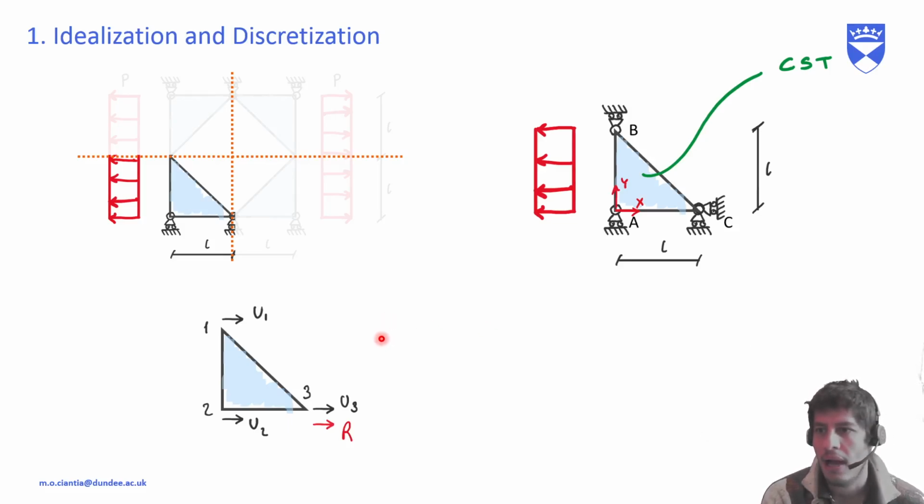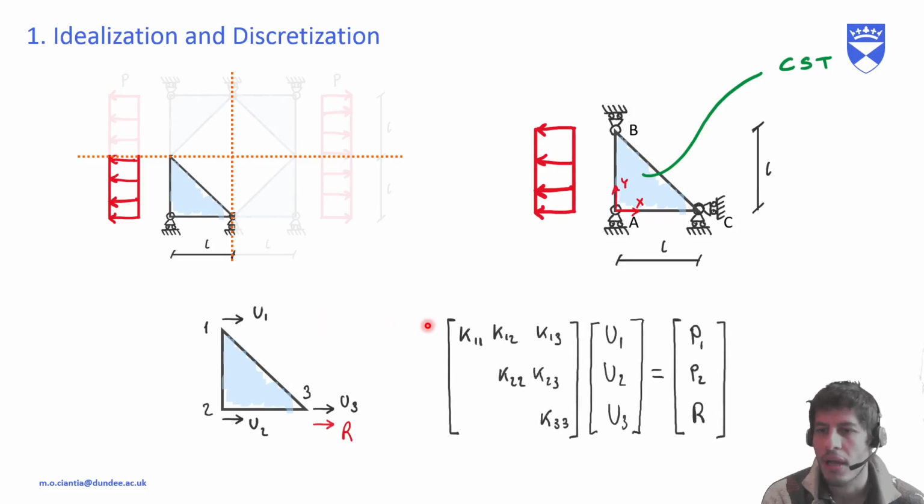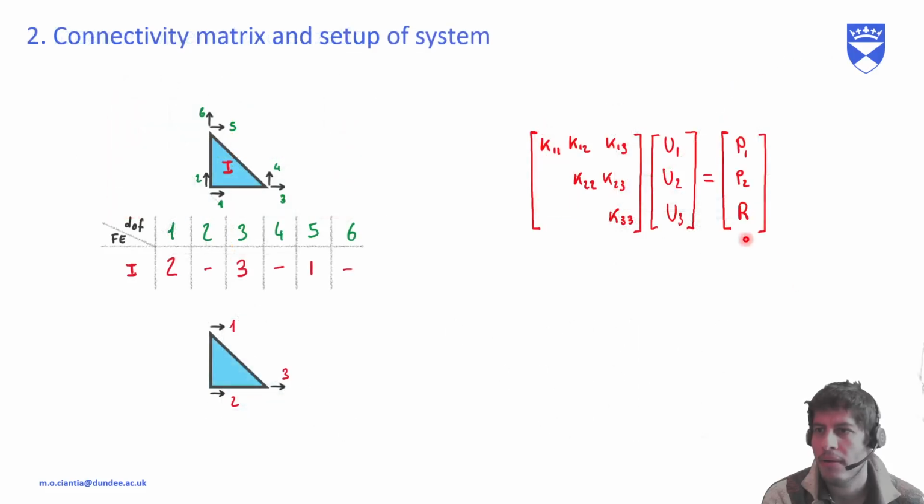After we do this, we can build the system to be solved. So we have the global stiffness matrix times the nodal displacements equal to the load vector. Now, if you remember, there was a very important step to do. That was to build this connectivity matrix in order to set up our system as a function of the element stiffness matrix.